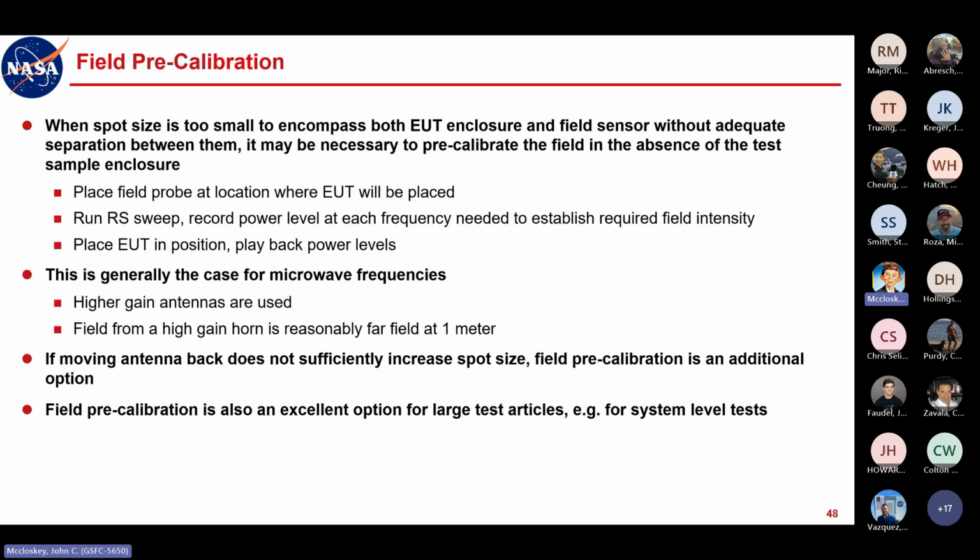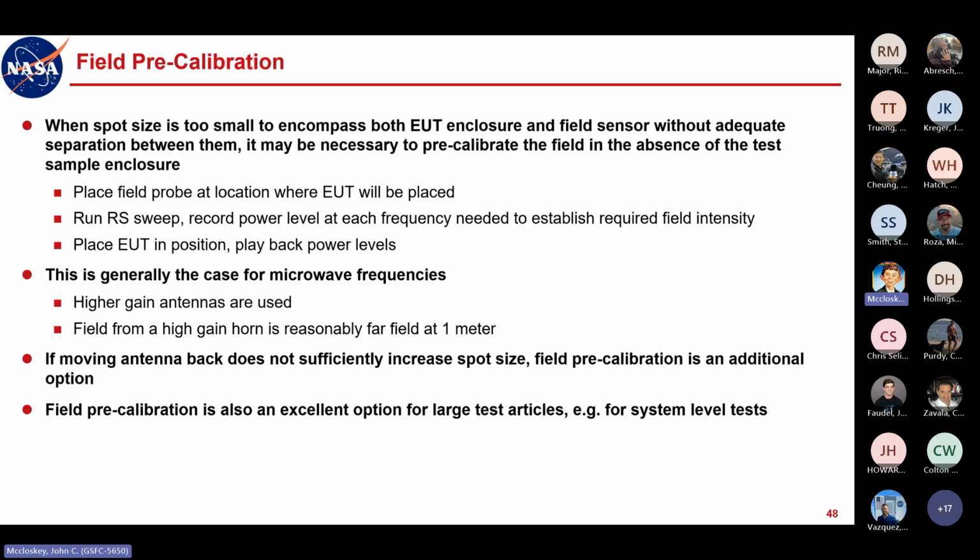RS103 is an imperfect test. You're going to get some distribution of the field in your test chamber. It's not an open area test site. You're going to get reflections in the room, whatever.